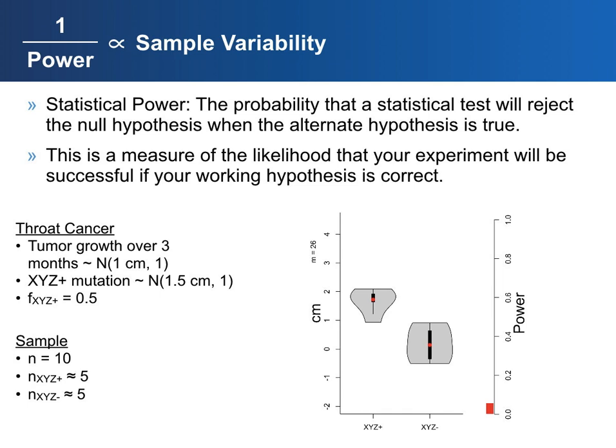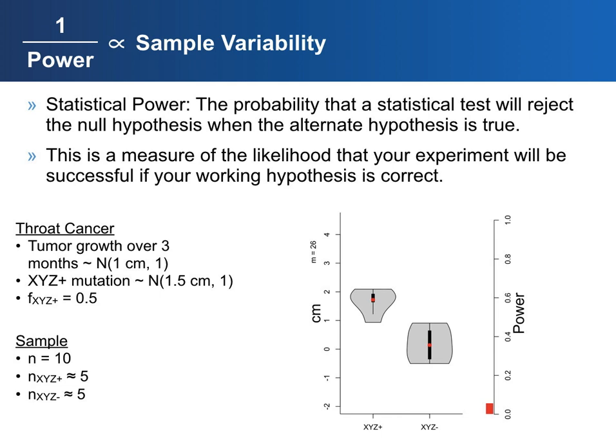Now again, we know that there is a difference. The XYZ gene does cause a faster tumor growth over 3 months, but because of our small sample, we can't really differentiate those from each other.